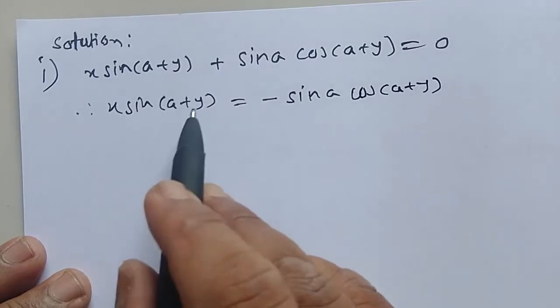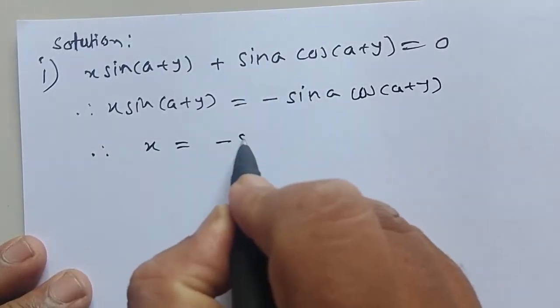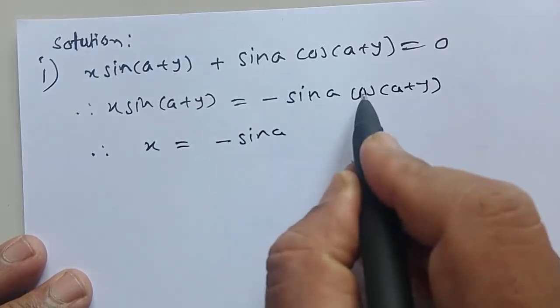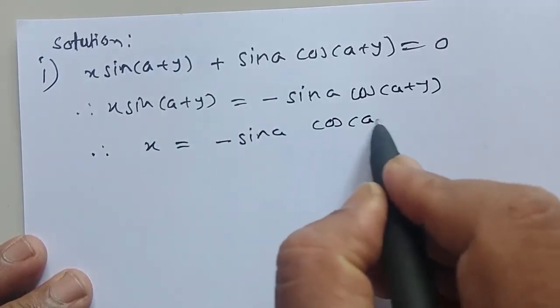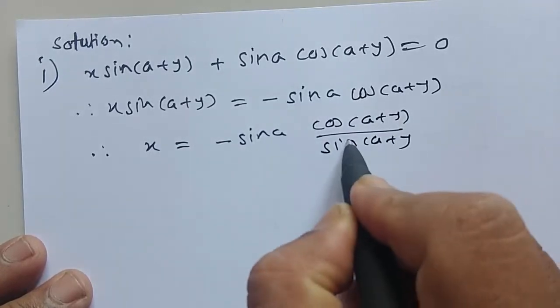Now dividing both sides by sin(a + y), x = -sin a cos(a + y) upon sin(a + y).